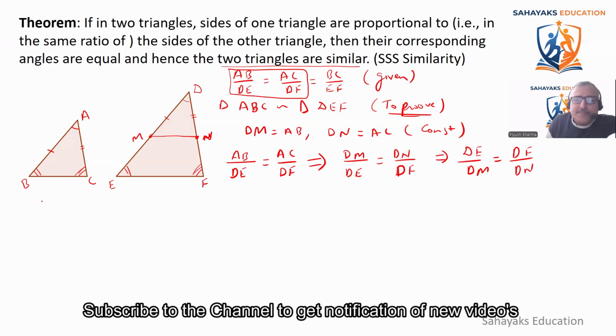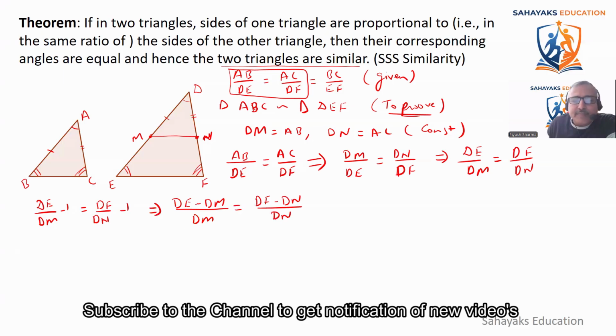So it becomes DE by DM minus 1 equals DF by DN minus 1. So this becomes DE minus DM by DM equals DF minus DN divided by DN.